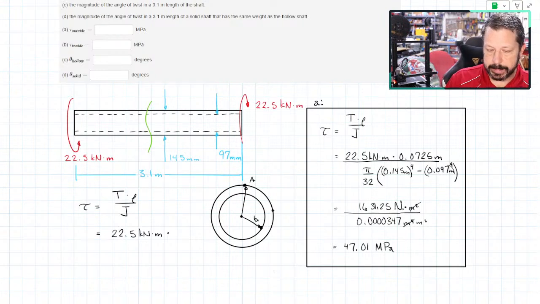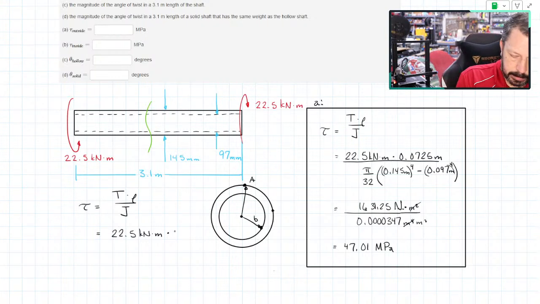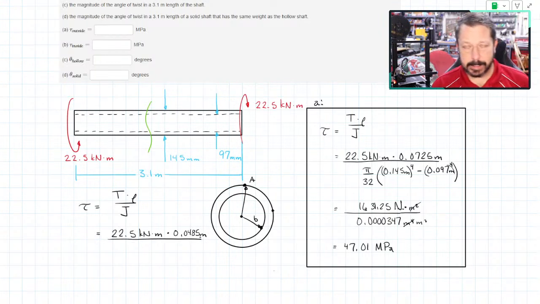So rho will be that distance. It says my inner diameter is 97 millimeters, so 97 divided by 2. I'm going to convert it to meters, so divide by 1,000. And we'll get 0.0485 meters. There's T and rho. J is the exact same cross section as it was when we did part A, so it's the exact same polar moment of inertia.